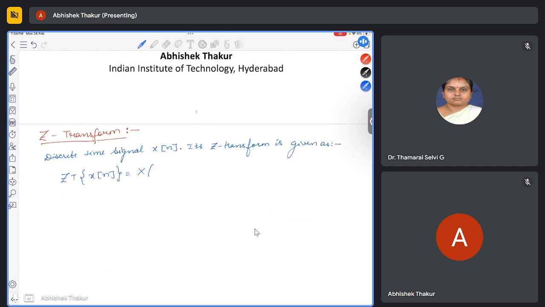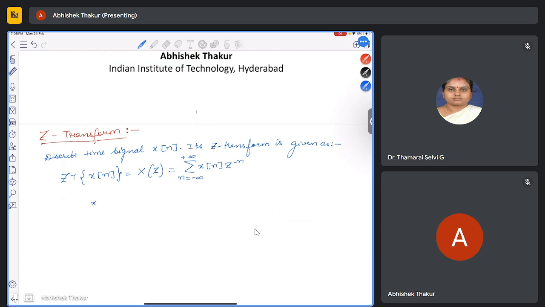It is denoted by capital X of z, and this is the summation of x[n] z to the power minus n, where the value of n goes from minus infinity to plus infinity. Here z is the complex variable, which is given as z equal to r e to the power of j omega.